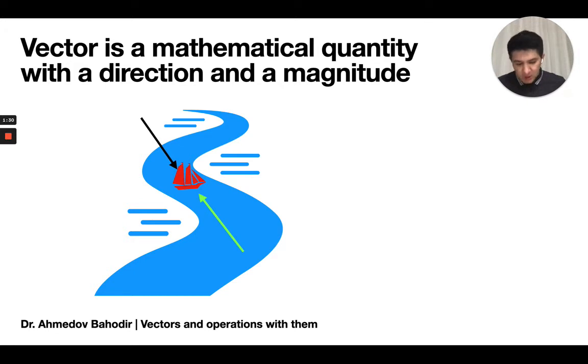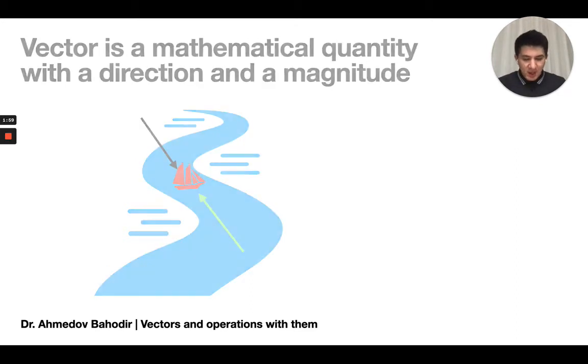In this regard, it would be interesting to know, if the magnitude of the river's force is F1, how much effort we have to put in, how large should the magnitude of our force be so that the ship is going to move on this river. So we need to learn how to add or subtract vectors geometrically. So let's discuss how we can do this.